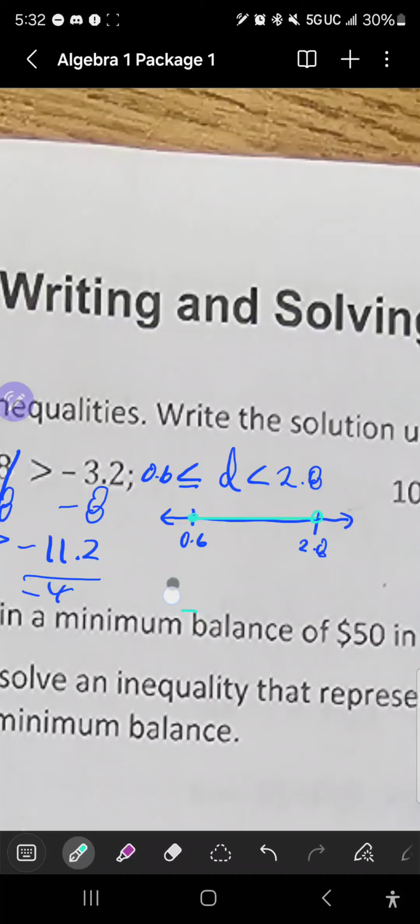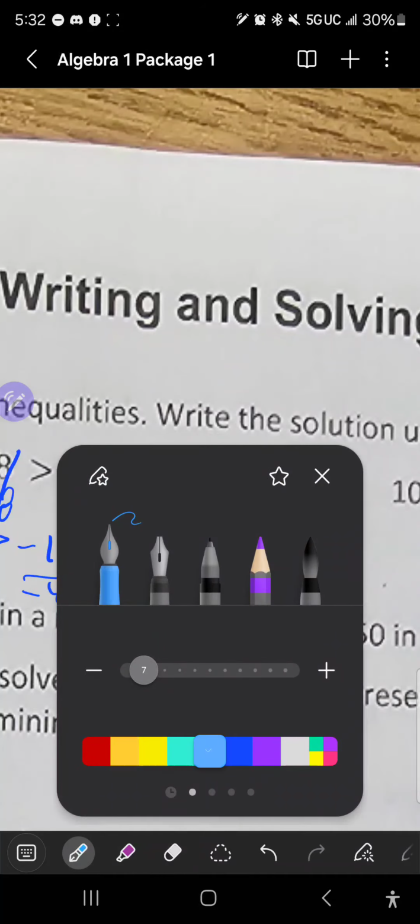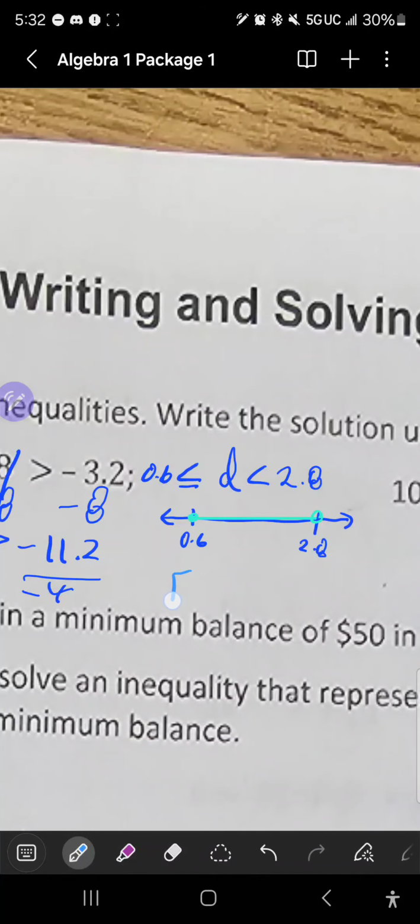I'm going to do it in another color so you can see. 0.6, 2.8. Why? Because every time you see a bracket, it means that it is included. So it means that the circle is full and that there is an equal sign.